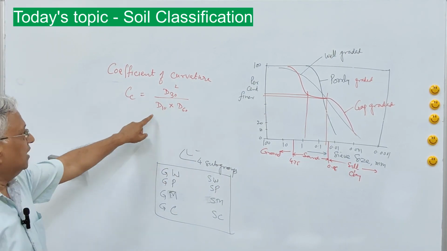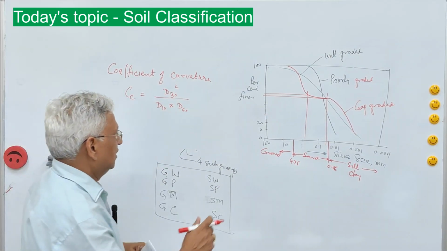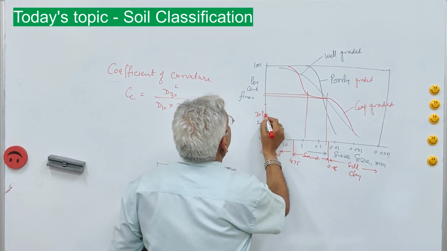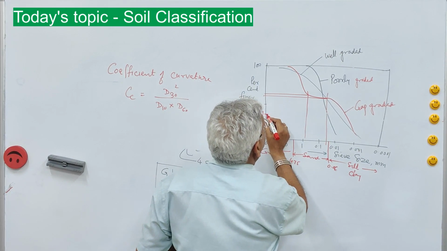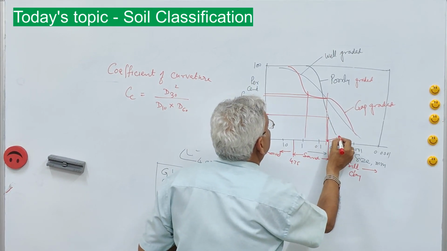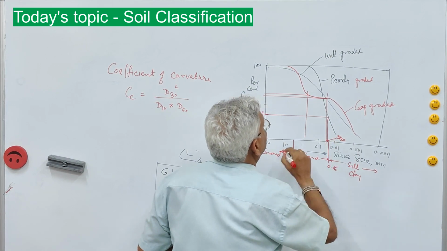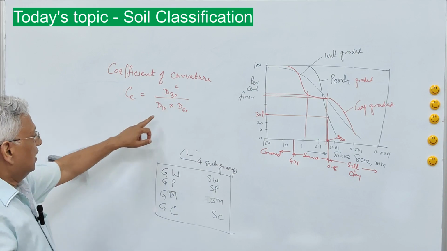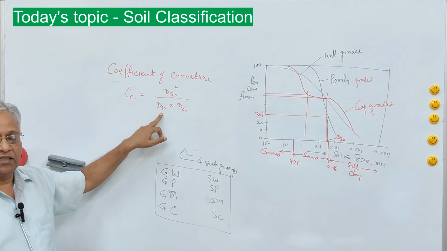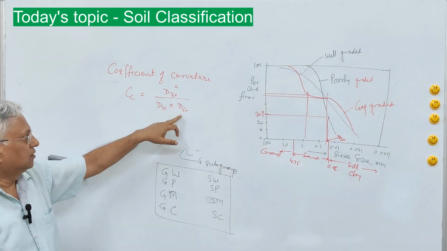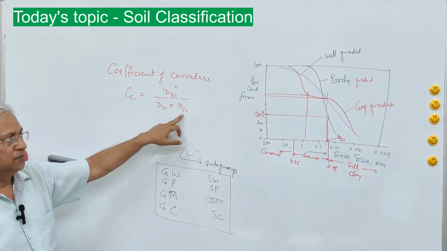Now here D10, D30, D60 is basically, now if this is 30%, so this is the sieve size at which 30% of the material will pass. This is D30 for this gradation. That is the sieve size at which 10% of the material will pass. 60% of material will pass.